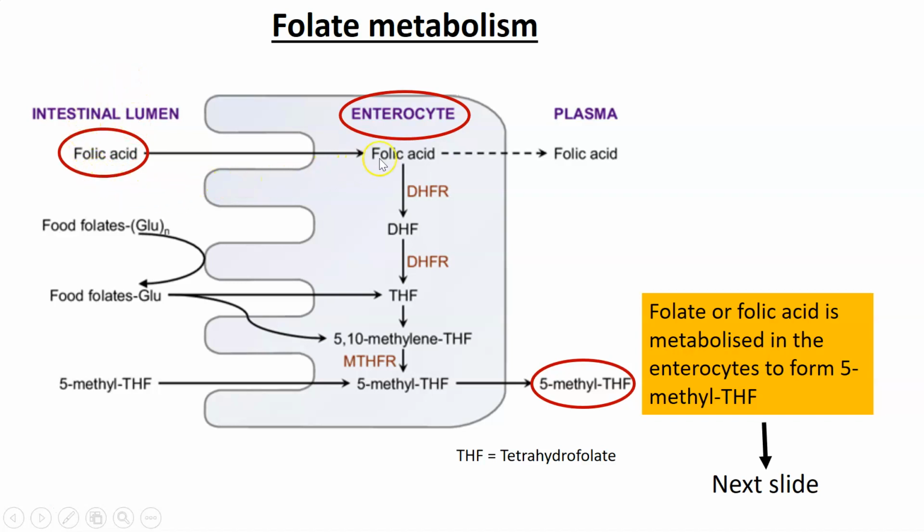It's absorbed by the cells that make up your intestines, the enterocytes, and it undergoes a series of reactions to produce this active substance called 5-methyl tetrahydrofolate. It's this tetrahydrofolate that's used to mediate the process of DNA synthesis.